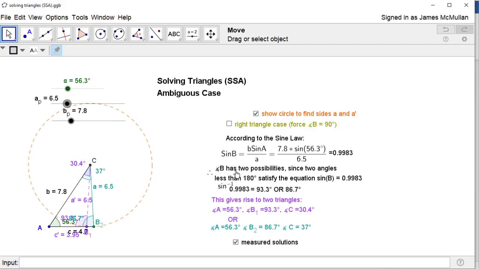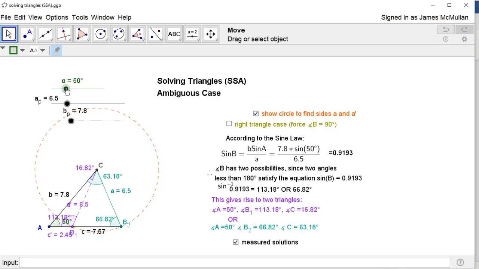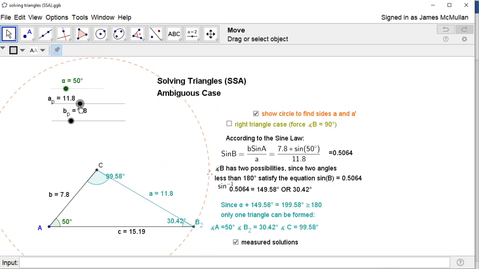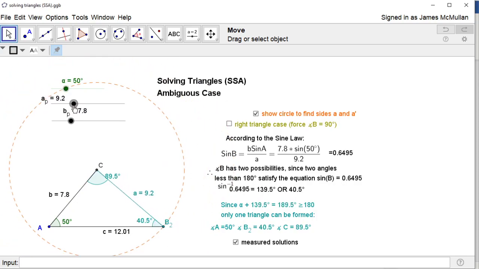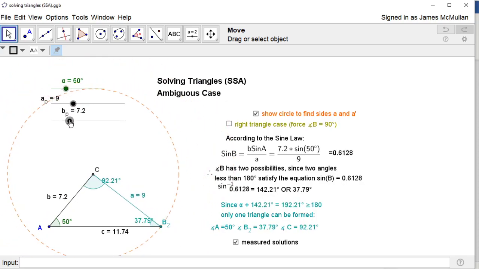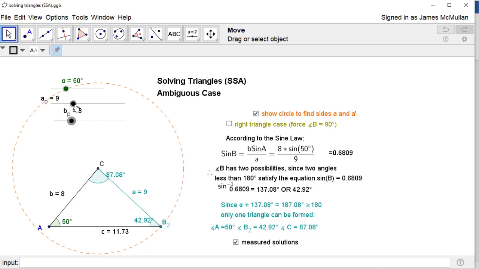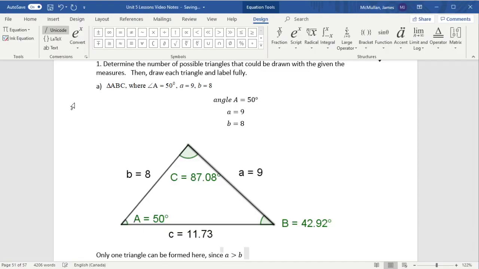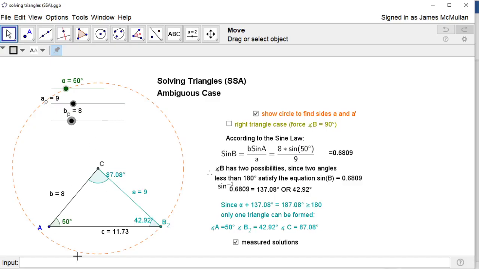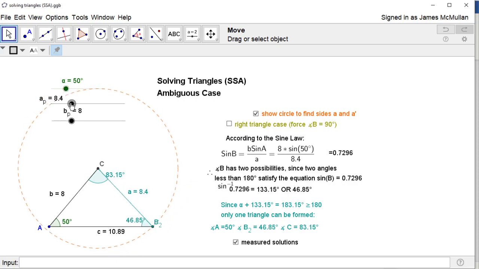Again, one more demonstration here. Let's make alpha 50 degrees. Side A was 9 and side B was 8. There's only the one triangle you can get.